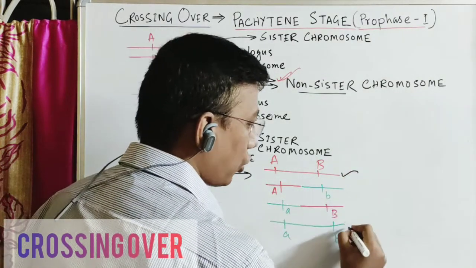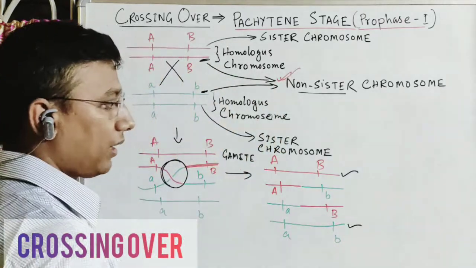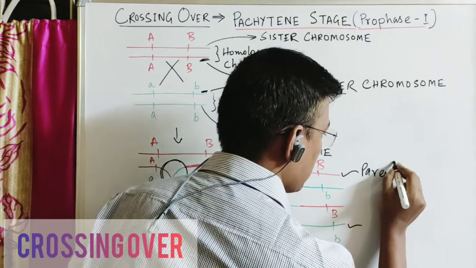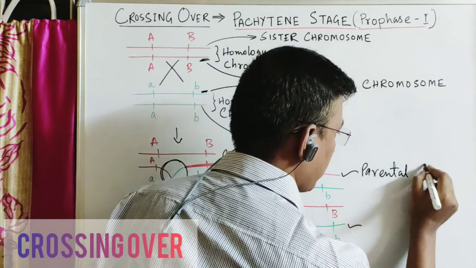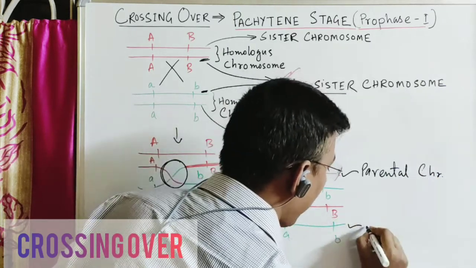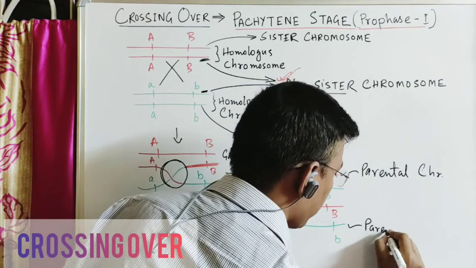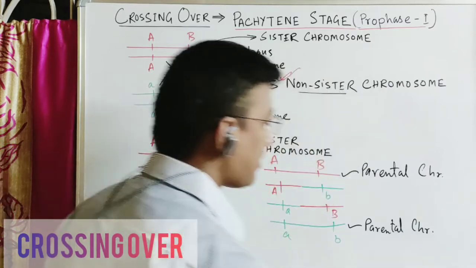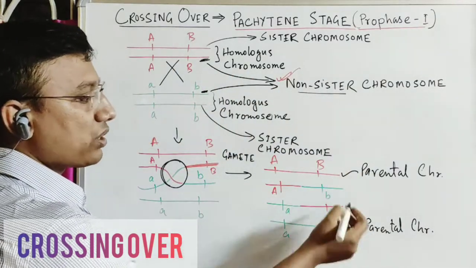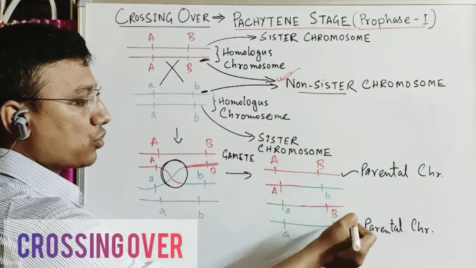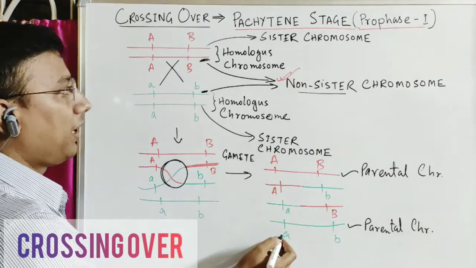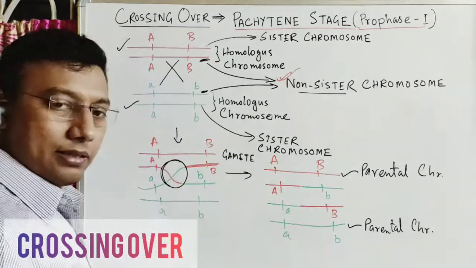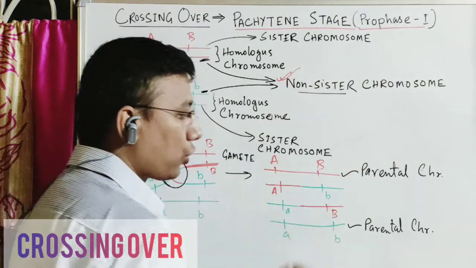So what are the gametes? This chromosome and this chromosome are the parental chromosomes, because you see that this chromosome and that chromosome are exactly the same as the parents. So it's called the parental chromosome.